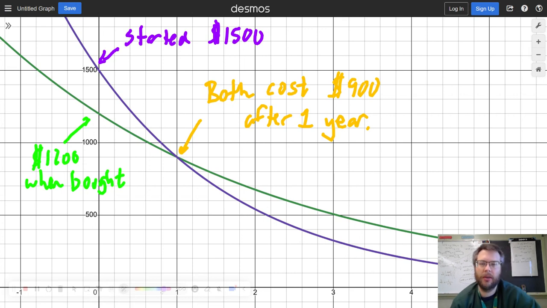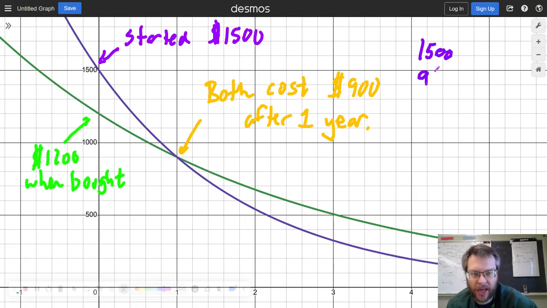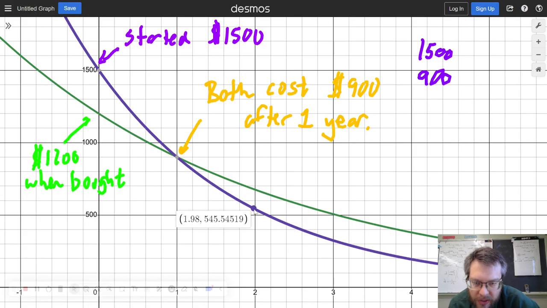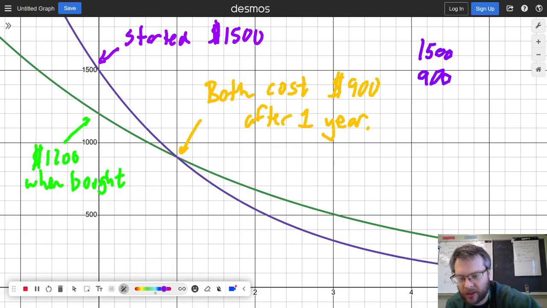So let's just write down what our purple numbers are. It starts at 1,500, then it goes to 900 when x is equal to 1. Then when x is equal to 2, let's see if I can click on it. When x is equal to 2, come on, give me exactly 2,540. So I'll write that one down as our next.